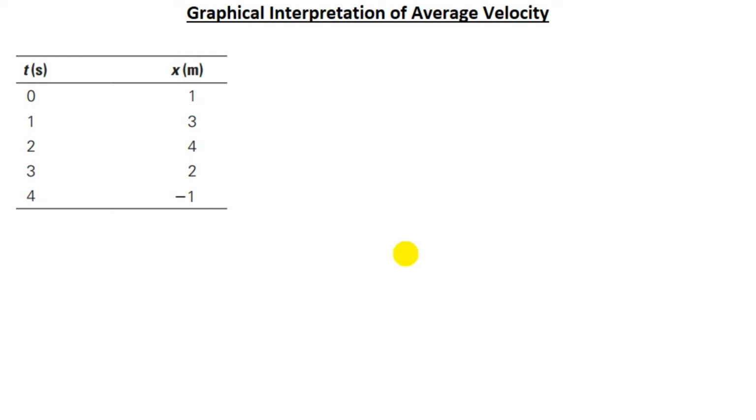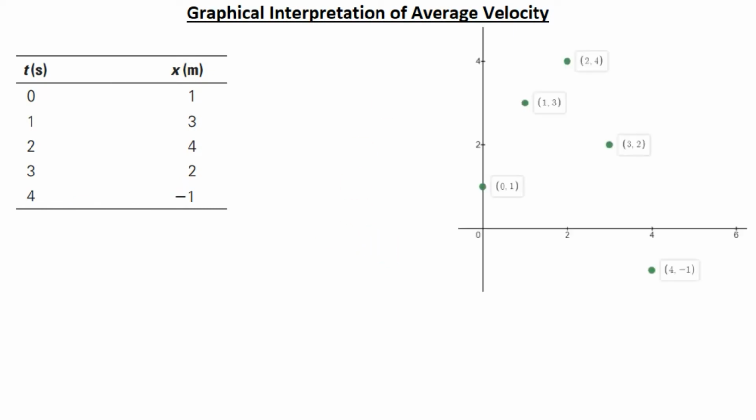So let's plot the same information on the xt graph, that is the position versus time graph. So let's plot these points on the xt graph. So we have plotted the xt graph. This side is the position x, and this axis is time. Now these are the coordinates.